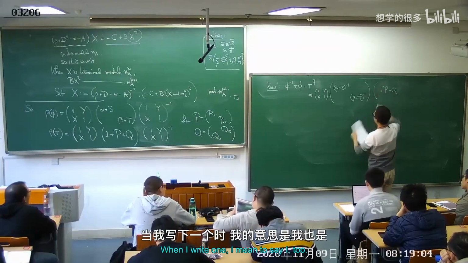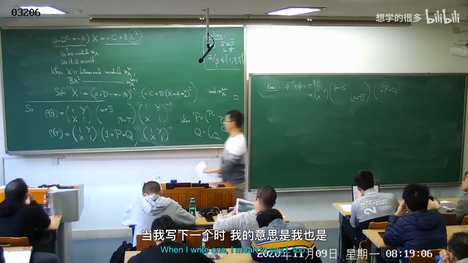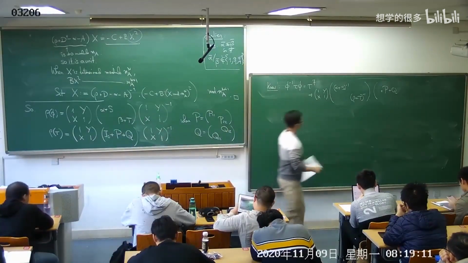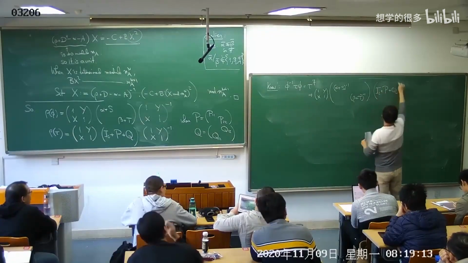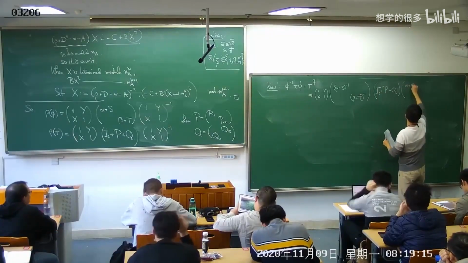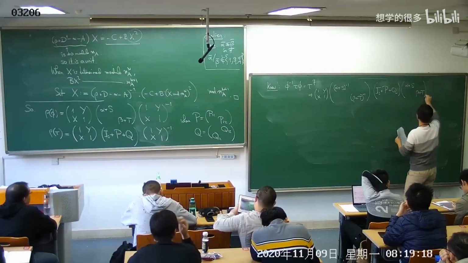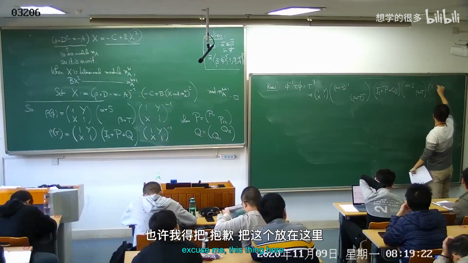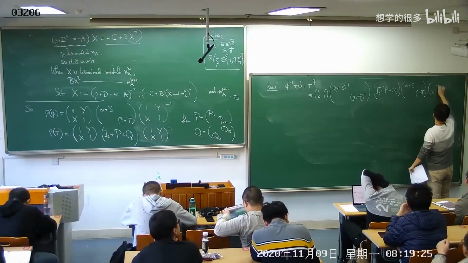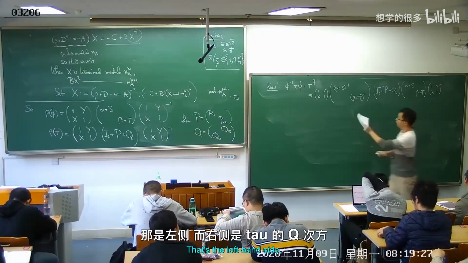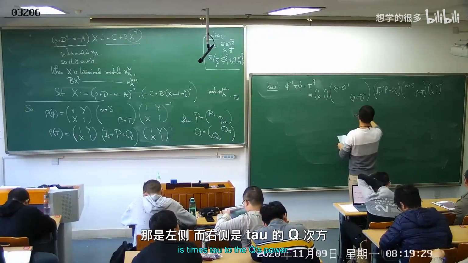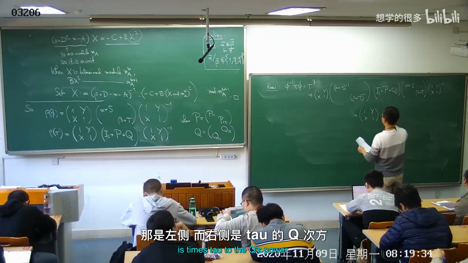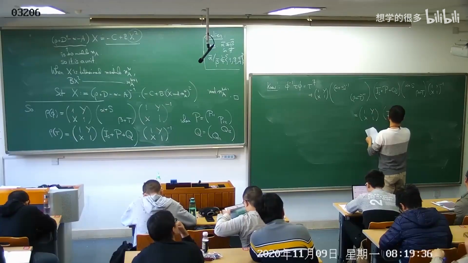When I write 1, I mean to say I2. That's the left-hand side, and the right-hand side is times tau to the q's power. So this is 1 plus.